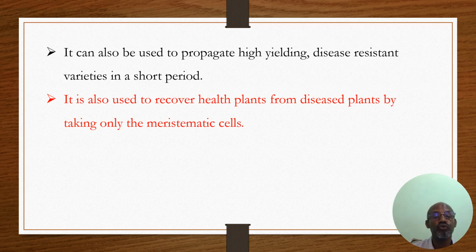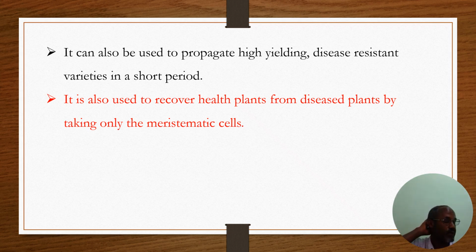It can also be used to propagate high-yielding, disease-resistant varieties of plants within a short period of time. You can propagate, multiply within a short period of time. That's this advantage.